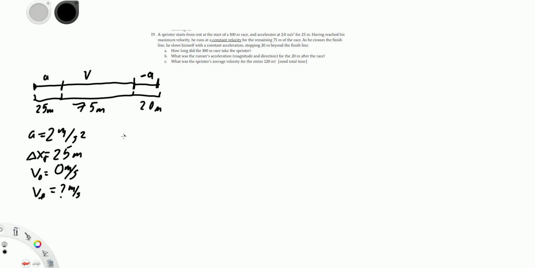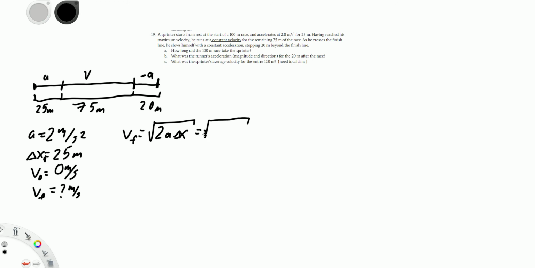All right, so we're going to use Vf squared equals, I'm just going to throw in the algebra, hopefully you can see where it came from, 2a delta x. Came from equation number 4, V naught drops out. All right, we throw in the numbers. I'm going to get a little bit sloppy here.